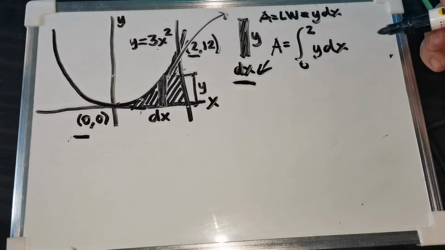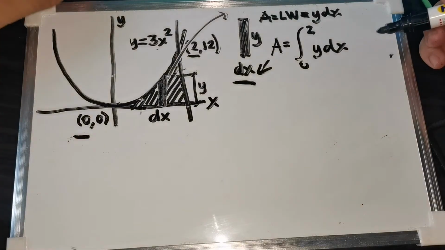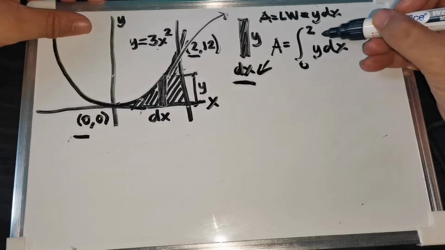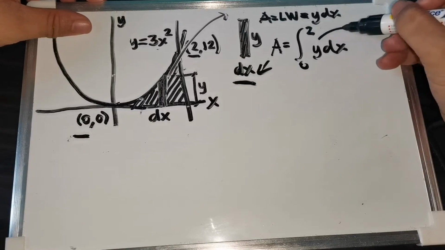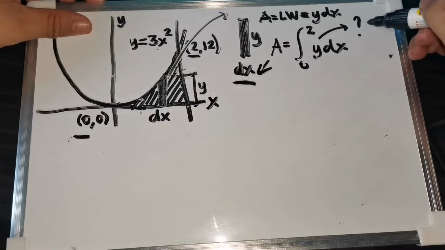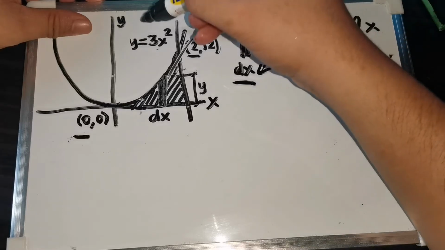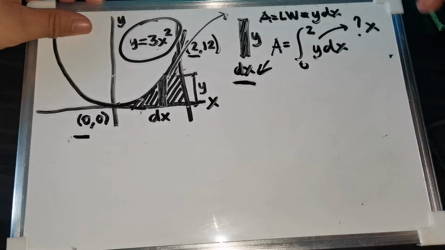In this case, we always want uniformity in the variables involved in our equation. That's why we need to look for the value of y in terms of x. From the given function here, there is a value of y in terms of x.